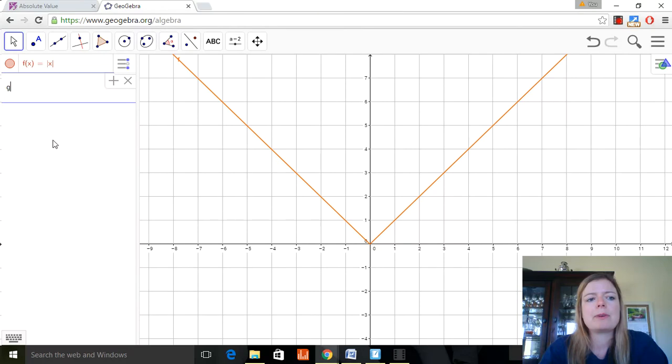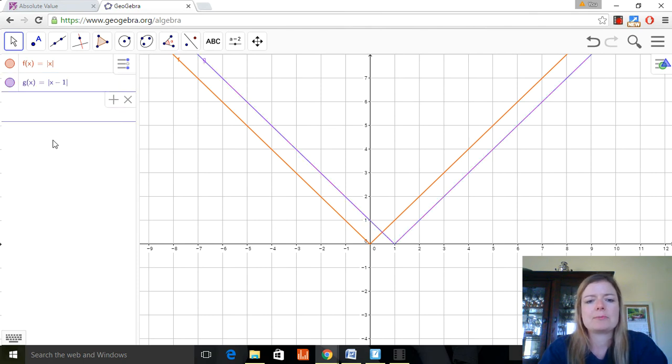You'll see later when we get to transformations that anything inside of the absolute value sign, like x minus 1, just moves it left or right. Notice that 1 is the d value, so it's been moved to the right one.